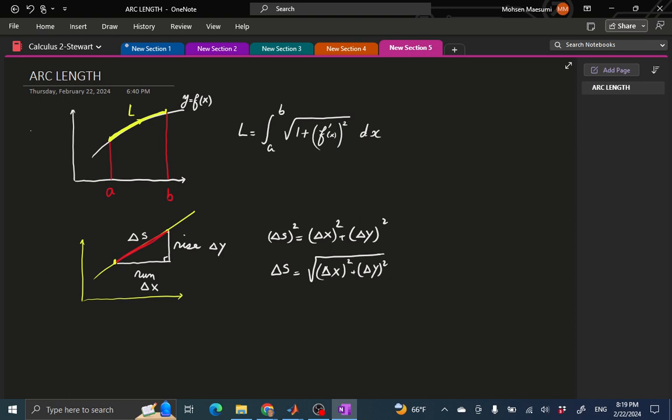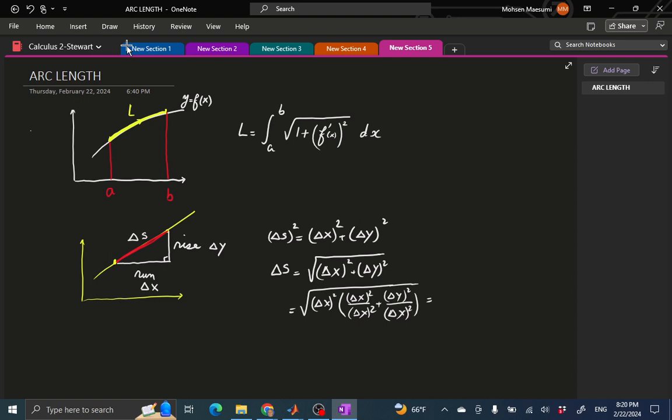Step by step, let's see how we can get that one. If I factor delta x squared from inside this radical, it doesn't look like it's factorable, but let's push it. So I factor it, which means I have to divide these terms by delta x squared, and of course delta x squared comes out.